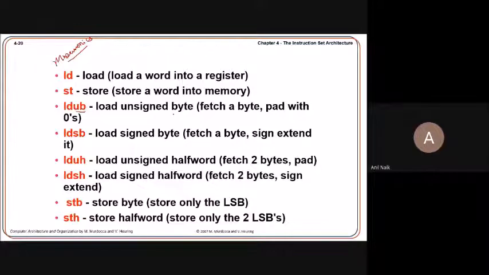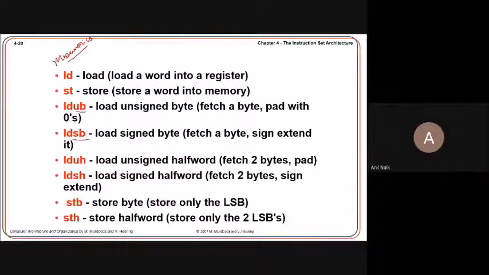Load unsigned byte: fetch a byte and pad with zeros. Load signed byte, LDSB: fetch the byte, and the sign is extended.